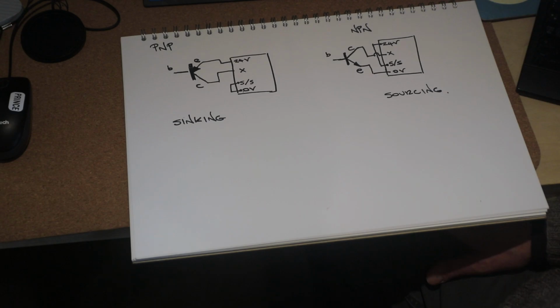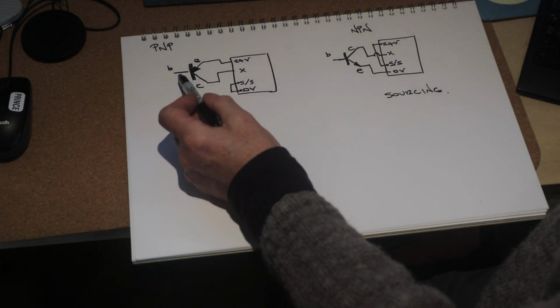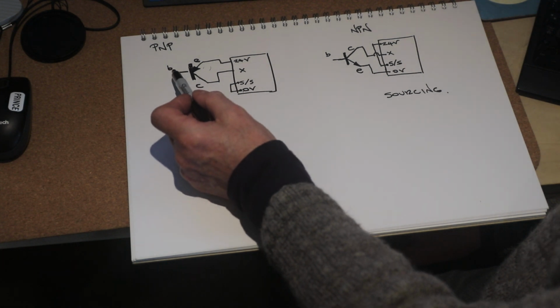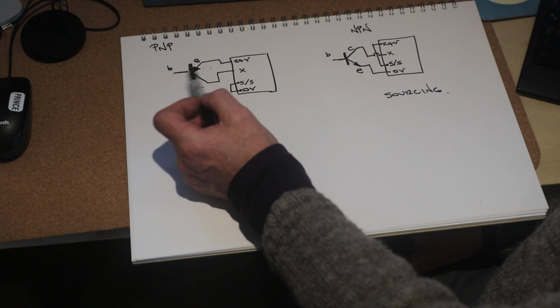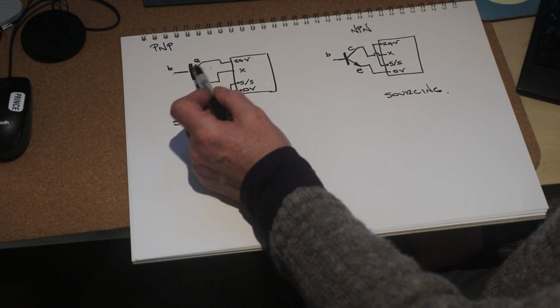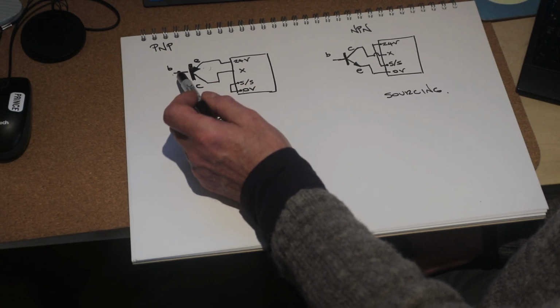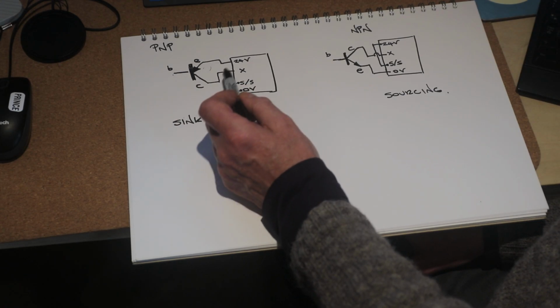It's probably just worth talking about what actually happens here. On a PNP, whatever voltage is at the emitter, when the base voltage goes 0.7 of a volt lower, this turns on. So it starts to flow. So in principle, you'd think, well, if the voltage here ever goes to 23.7 volts or lower, this transistor turns on and the input starts to read high.